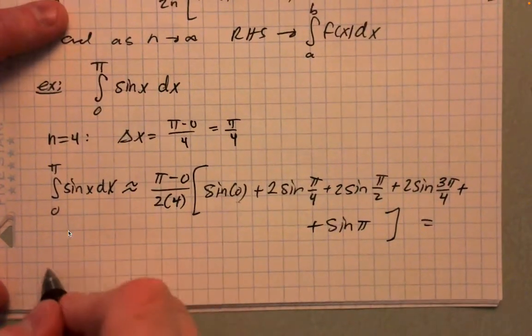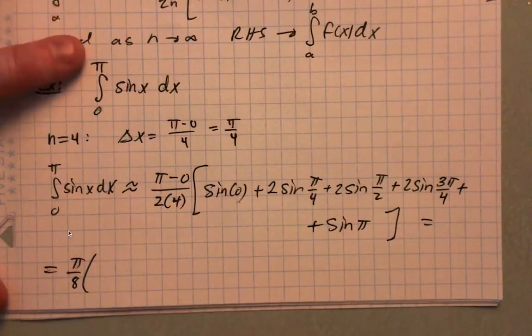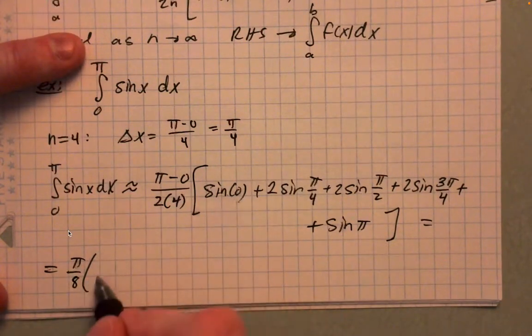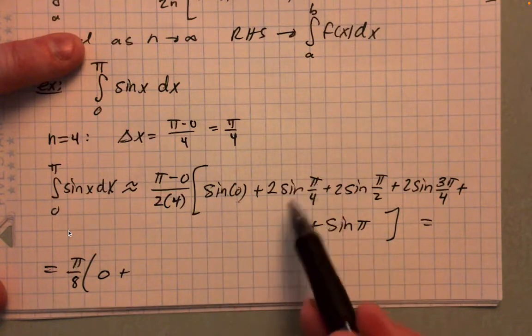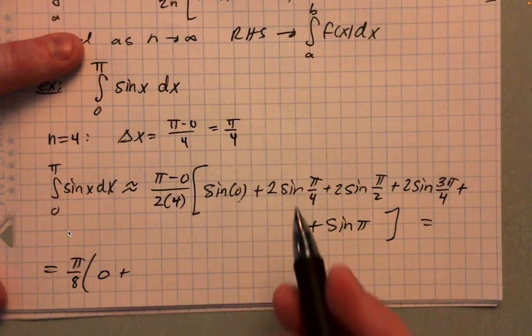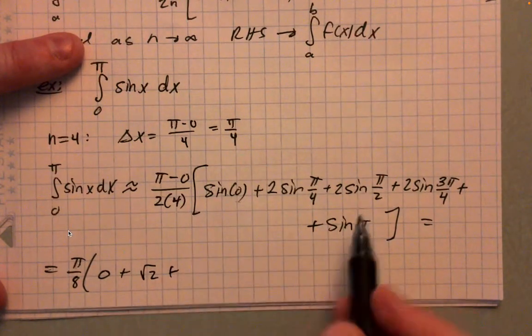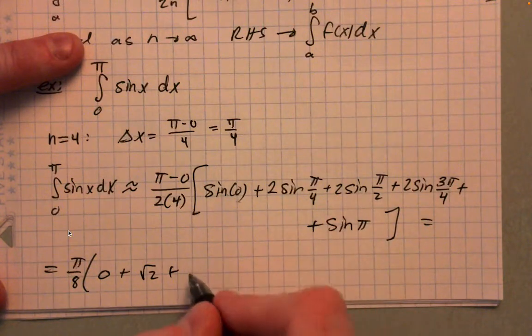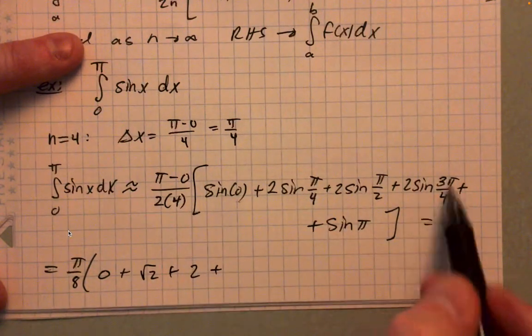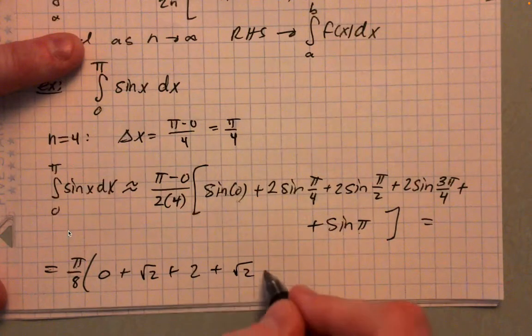Okay, and so we would get pi over 8 times sine of 0 is 0, plus sine of pi over 4 times 2 would be square root of 2. And then we get sine of pi over 2 is 1 times 2 is 2. And then this one over here would be, again, another square root of 2. And then sine of pi is 0.